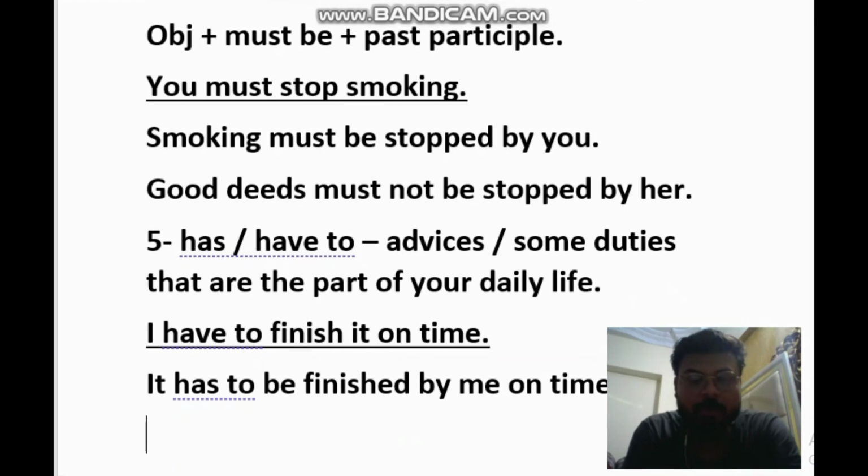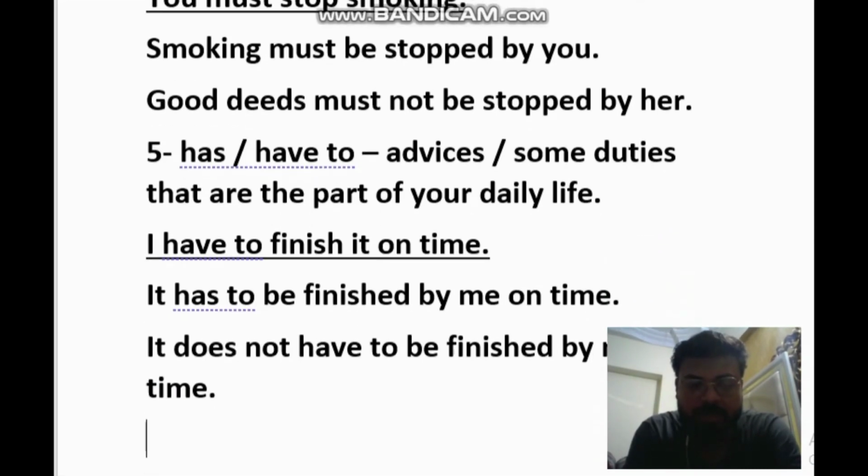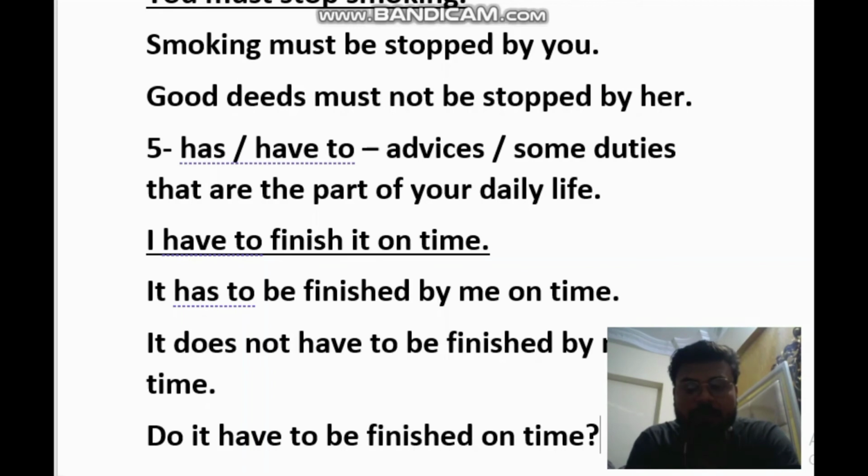Or if I'm going to form a negative, it's going to be it does not have to be finished by me on time. And interrogative, does it have to be finished on time, right? So you see, this is how you form passive voice using has to or have to.